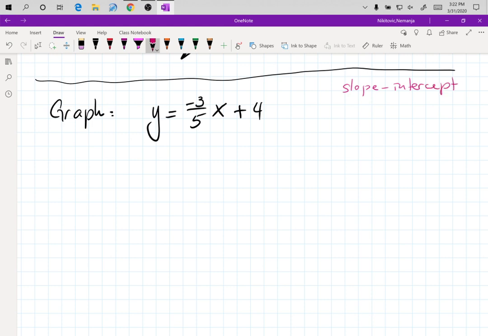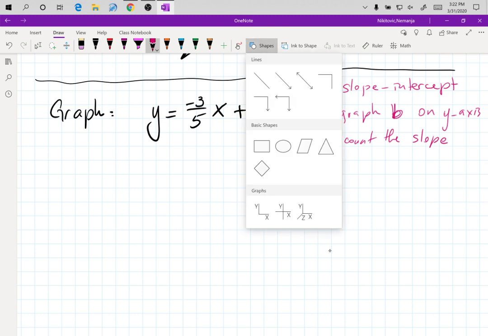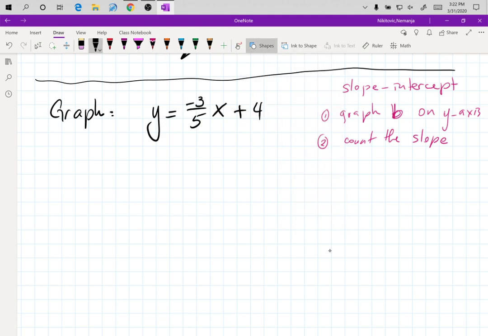And for the slope-intercept form, we graph b on the y-axis. That's number 1. And number 2, count the slope, which is rise over run. So there's nothing to compute here. You either know this or you don't. You just count.